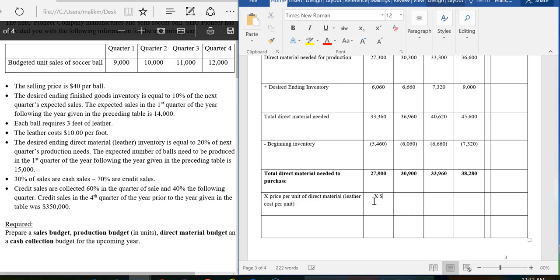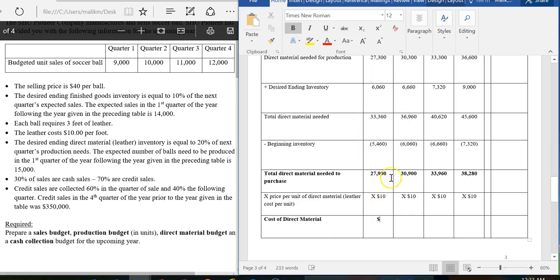So we know that for quarter one we need to purchase 27,900 feet of leather, and the cost per foot is $10. So we're going to multiply this, and this is how we figure out the total cost of the direct material. Let's multiply it, which is simple.